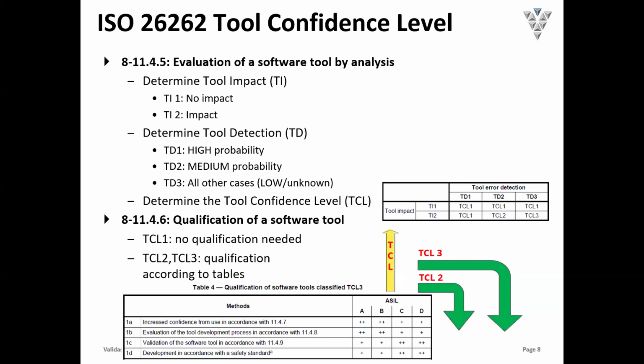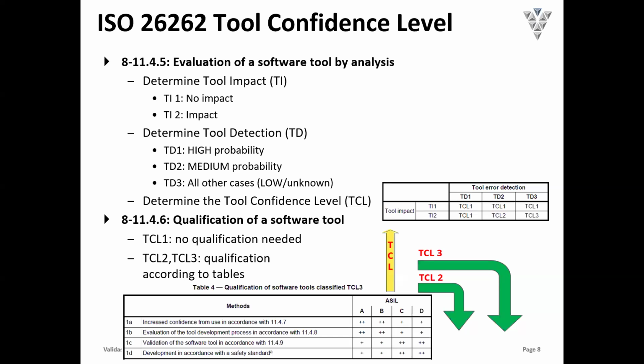You can say, okay, I know this tool very well, and it's been working for 5 years. We always use the same version. It's quite stable. We know the known bugs, everything good. This is a valid qualification method for ASIL A and ASIL B applications. For ASIL C and D, it is not sufficient anymore.